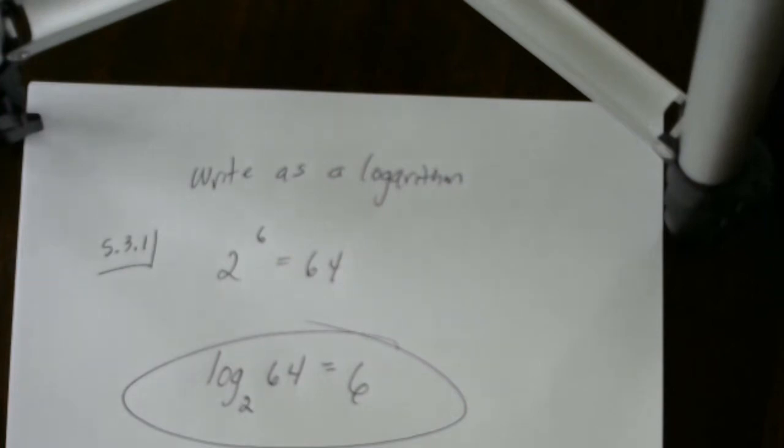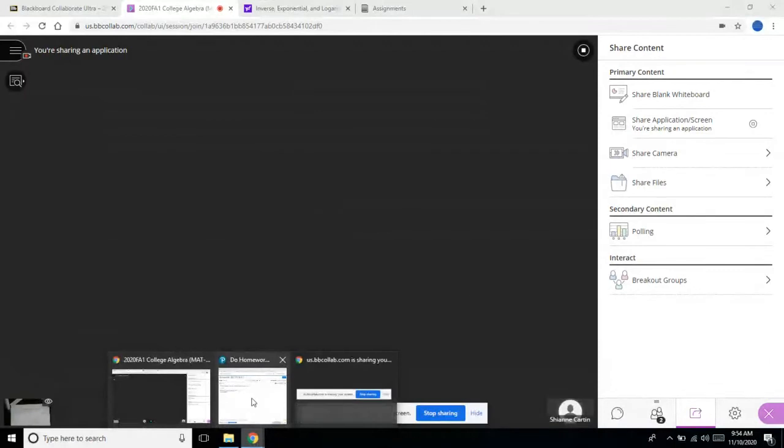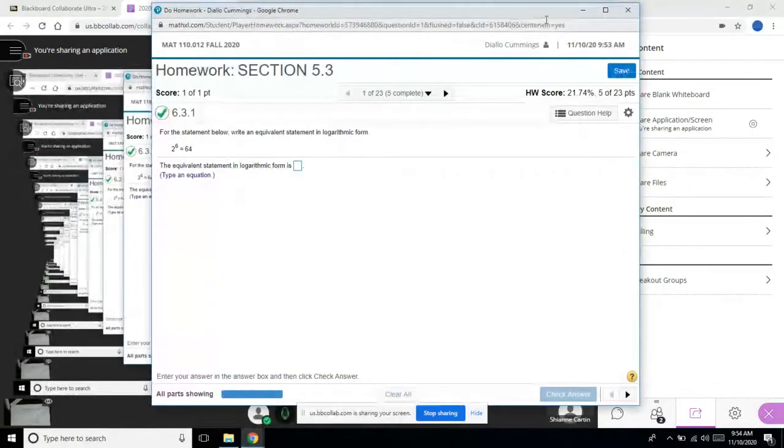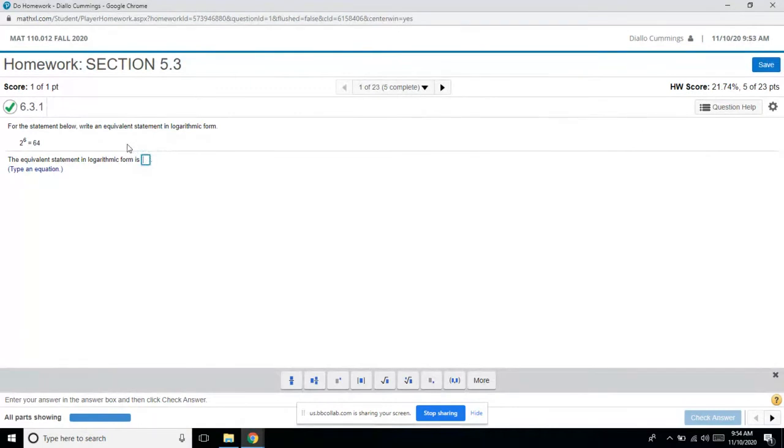All right, so if we return to the homework problem, I'm going to put in the log. I'm going to put in my base, using this subscript. My base is 2.